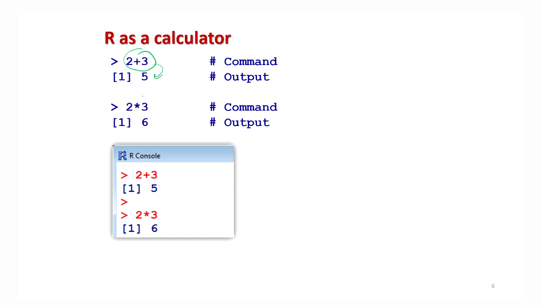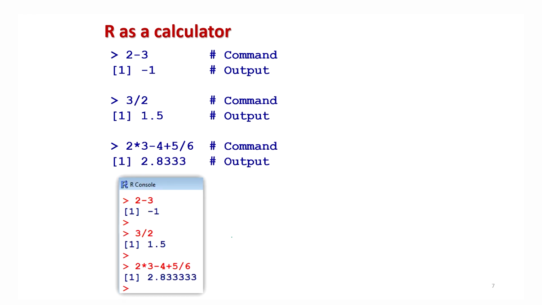For multiplication you have a star sign, 2 into 3 is 6, and you can verify this command here. Similarly, for subtraction you have the same minus symbol used in the calculator, and for division it is the same operator used in the calculator. You can see 2 minus 3 is minus 1 and 3 upon 2 is 1.5.